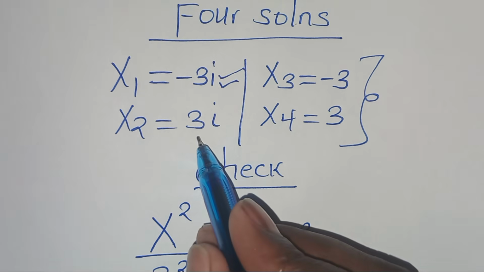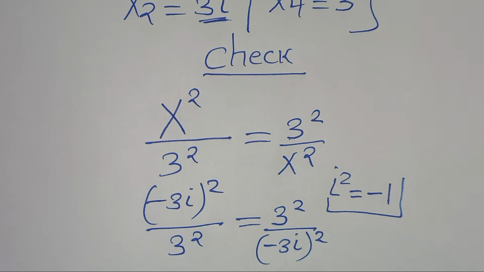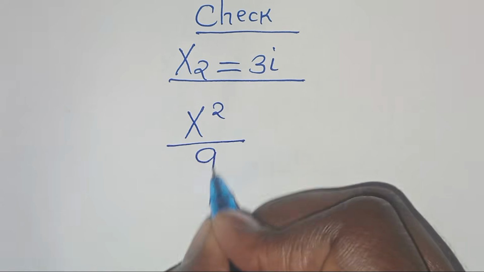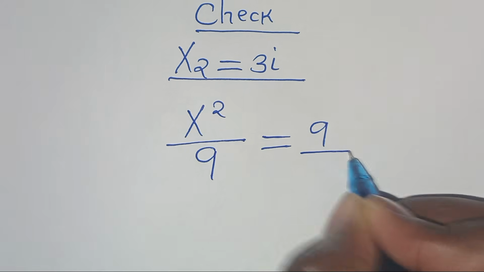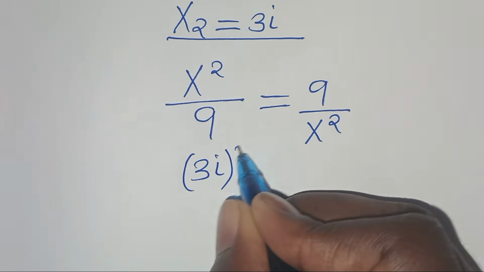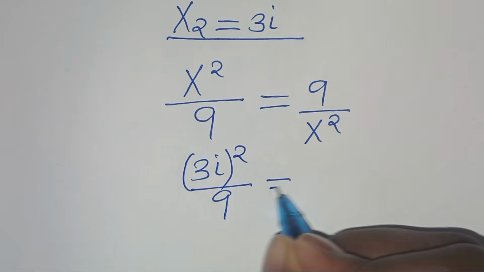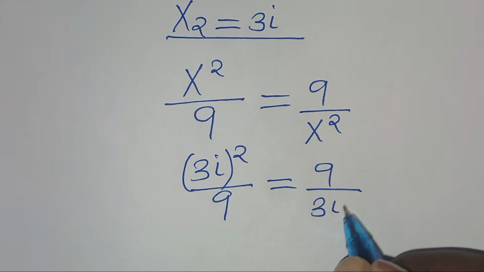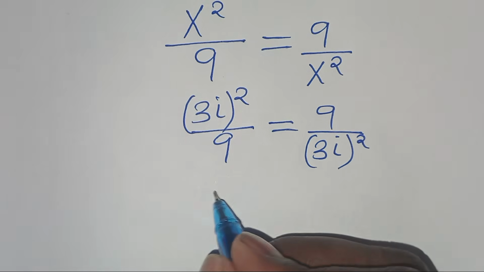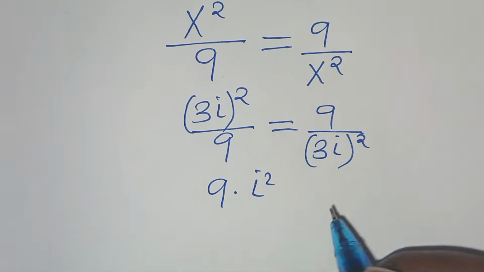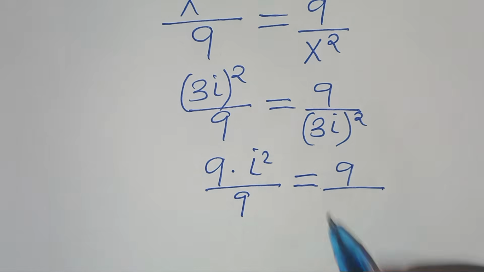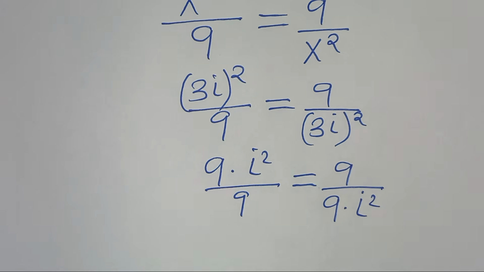Now let's check x2, which is 3i. We have x to the power of 2 divided by 3 squared, which is 9, equal to 9 over x to the power of 2. So this is 3i raised to the power of 2 divided by 9, equal to 9 divided by 3i raised to the power of 2. So 3 squared is 9 times i squared divided by 9, equal to 9 divided by 9 times i squared.